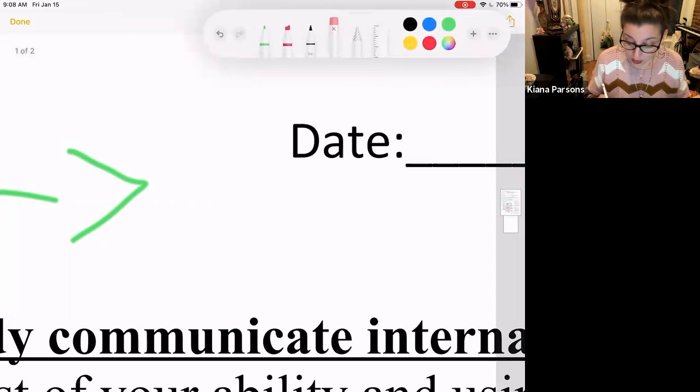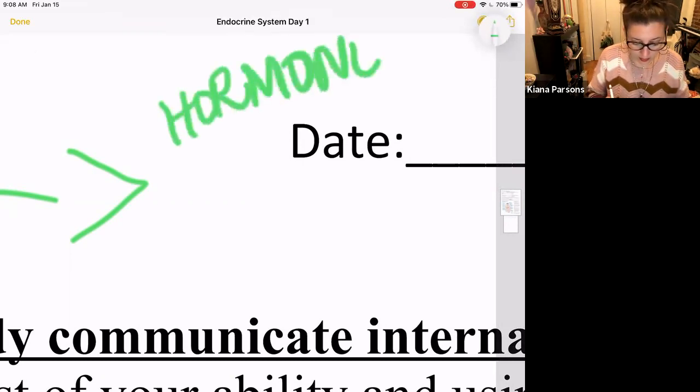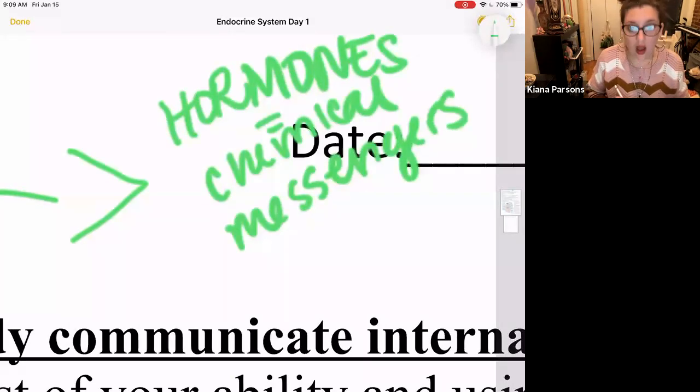So that includes growth and development, right? So hormones are the chemical messengers of the endocrine system.